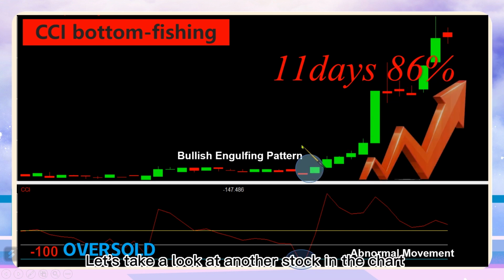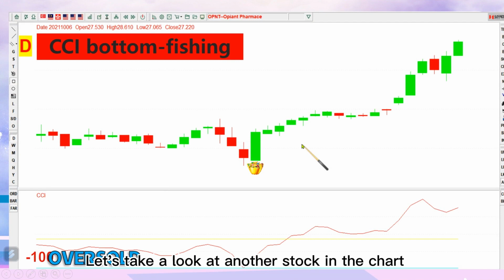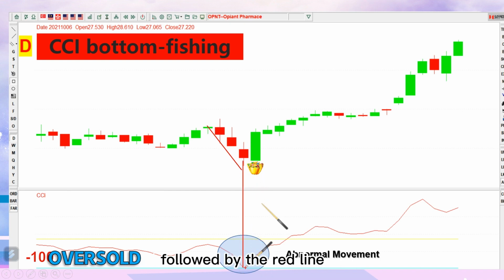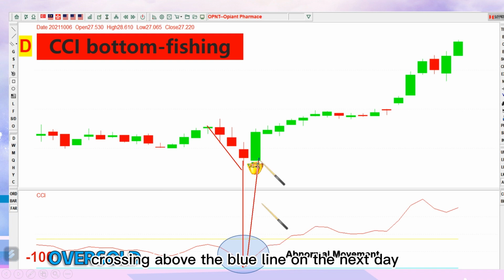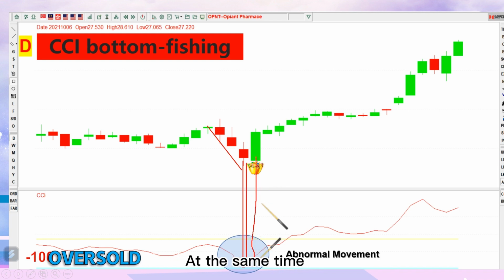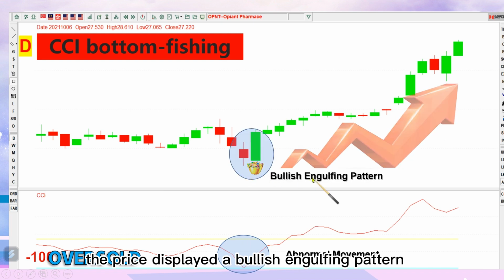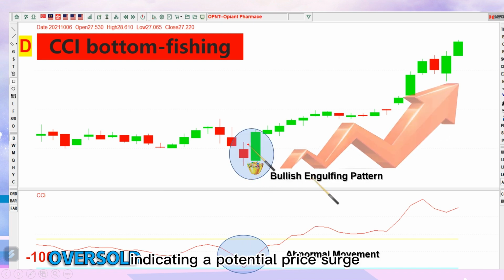Let's take a look at another stock in the chart. After a period of downward trend, the red line of the CCI indicator crossed below the blue line, followed by the red line crossing above the blue line on the next day. At the same time, the price displayed a bullish engulfing pattern, indicating a potential price surge.